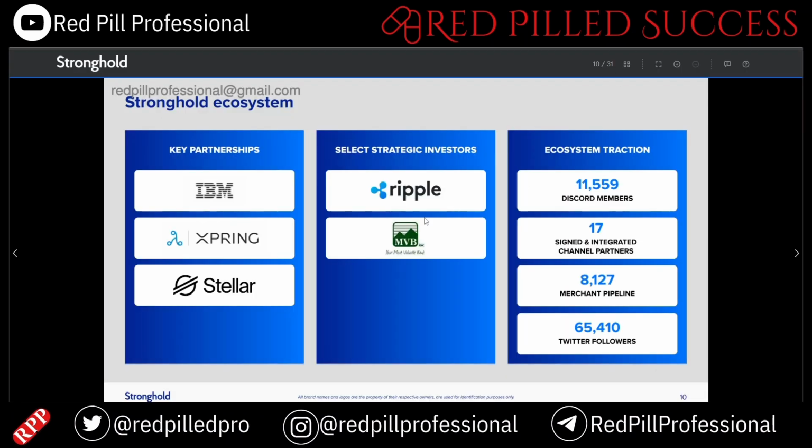So as far as the white paper goes, I have touched on this a bit in the past, but that was probably about 5 months ago now. And a few things to re-highlight. Their key partnerships. IBM. I still don't know how to pronounce this. I'm just calling it Xpring.